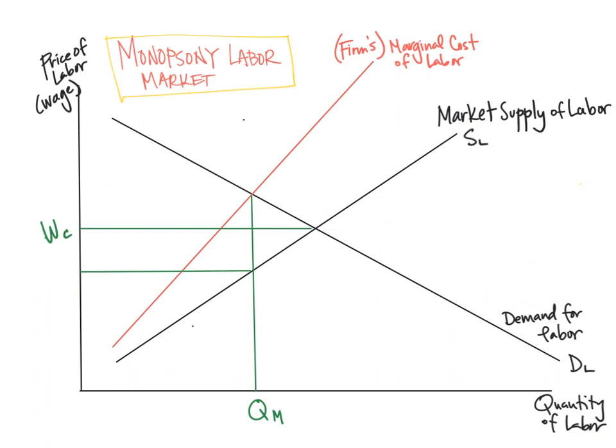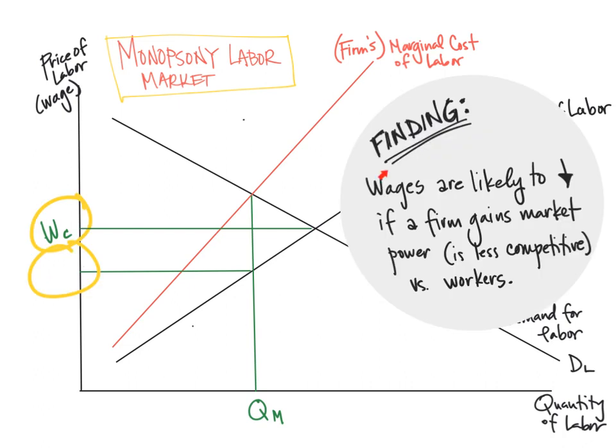Remember that if this were a regular competitive market, the wage would be determined by the intersection of supply and demand, whereas in a monopsony market, the wage is going to be pushed down. We don't know exactly where, but we think it will be pushed down closer to the workers' reservation or minimum wage that they're willing to accept. So the finding will be that wages are likely to fall if a firm gains market power and is less competitive versus workers.